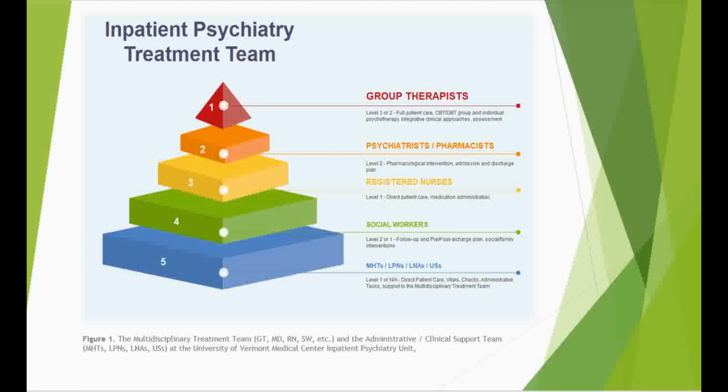Right below the group therapist or psychotherapist, you find psychiatrists and pharmacists. Level 2, because the main degree here is an entry-level professional degree. We will talk more about that. An entry-level professional degree can be, for instance, an MBBS or MD, so a medicine bachelor of surgery, or a PharmD, a doctorate in pharmacy or pharmacology. And these two professional figures are the experts within the unit of the pharmacological intervention.